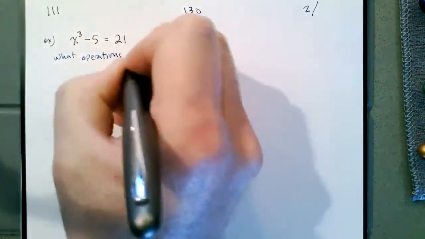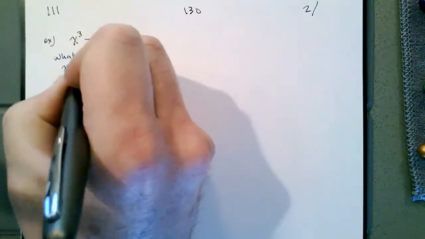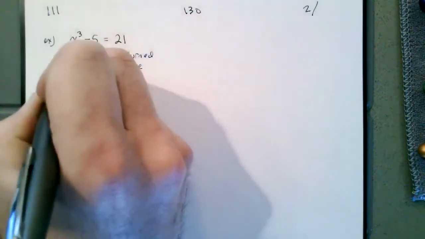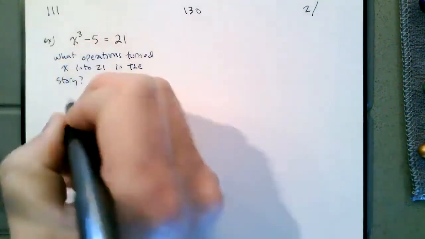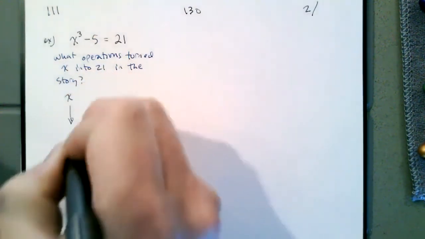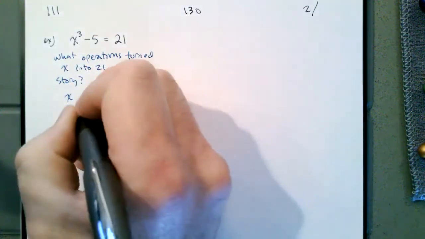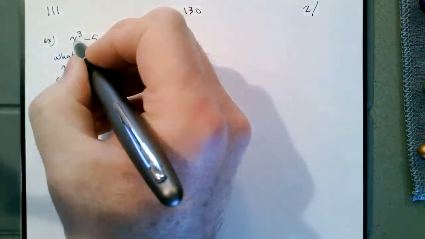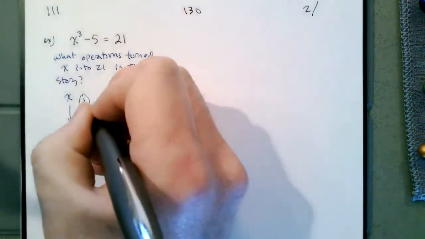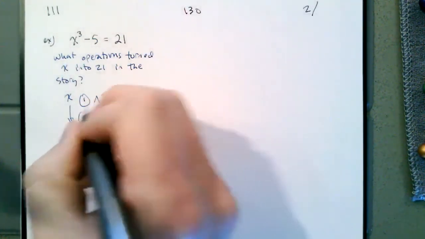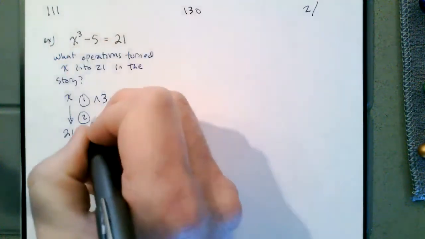We started off with an x and eventually it became a 21. Well, the order of operations says the first thing that happened to the x is a 3rd power, because exponents go before addition and subtraction. After we got the 3rd power of x, we subtracted 5.